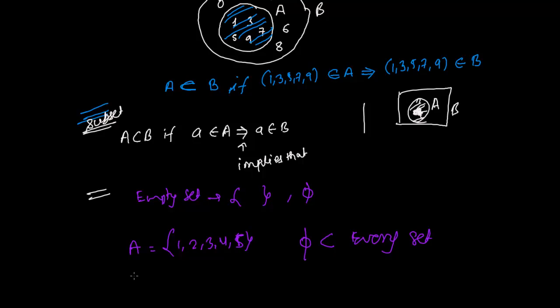And similarly, suppose I have a set A in which the numbers are 1, 2, 3, 4 and 5. You don't have to mention the comma here. So this is your set A. I'm covering all these members and giving the name A again. So what do you understand from this?